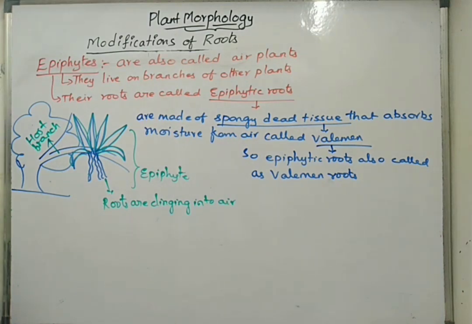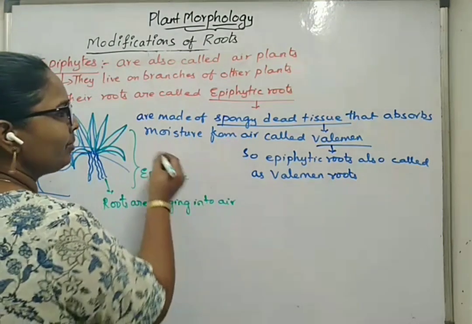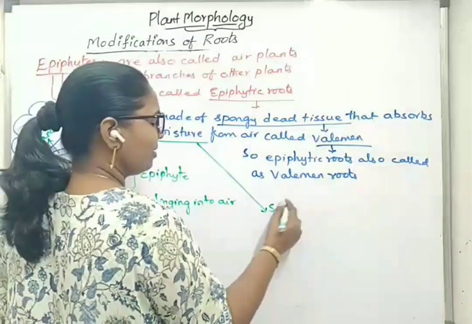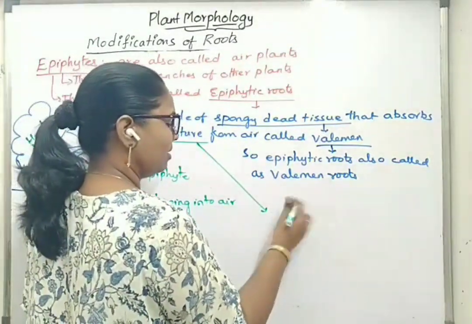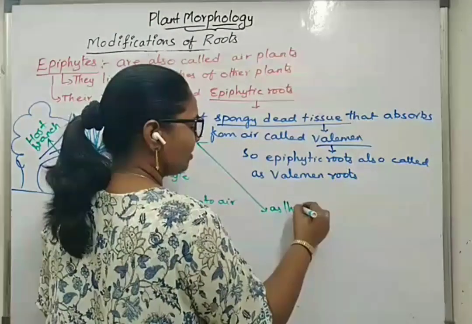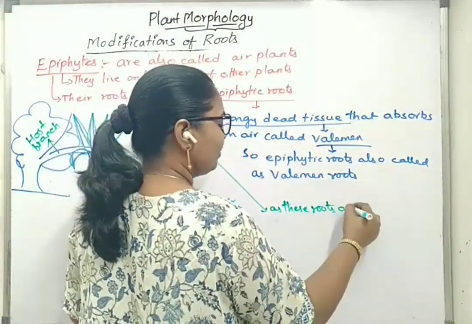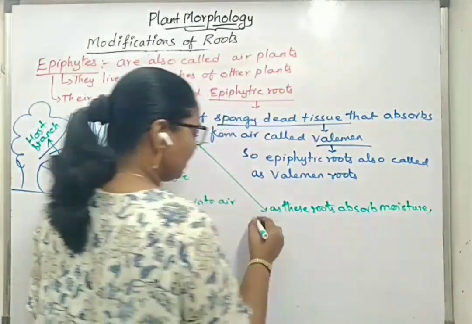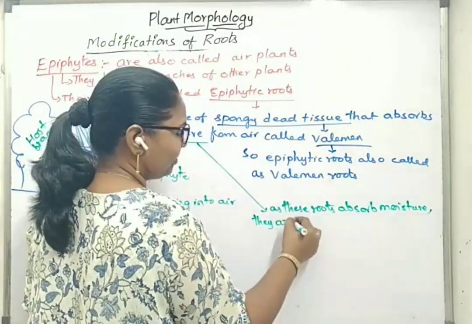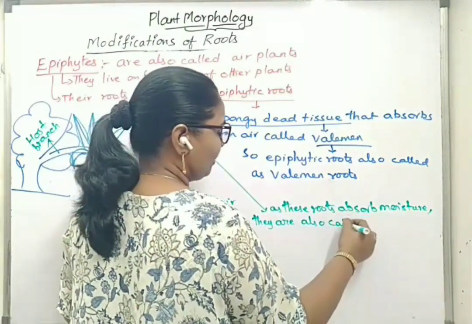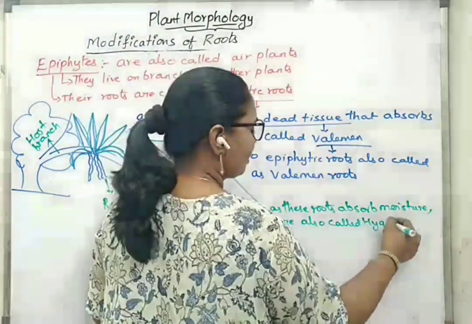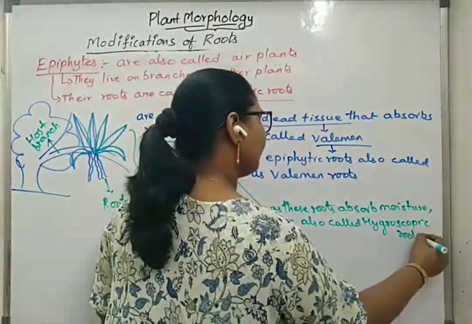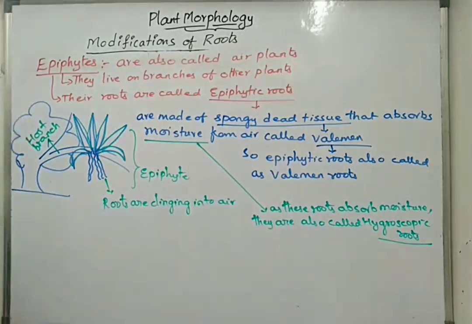Such types of plants are called epiphytes. Next, since they are absorbing moisture, as these roots absorb moisture, they are also called hygroscopic roots.